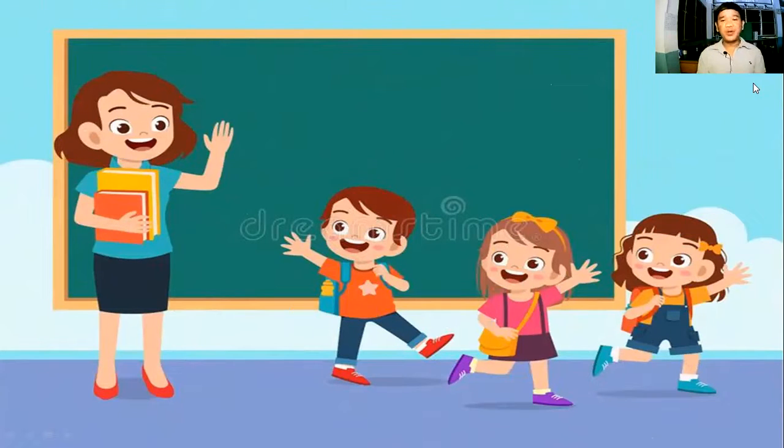On your workbook, you are going to answer that is on page 12. Here in page 12, you are going to arrange the number from smallest to greatest, and then greatest to smallest. And then we have here also another one.